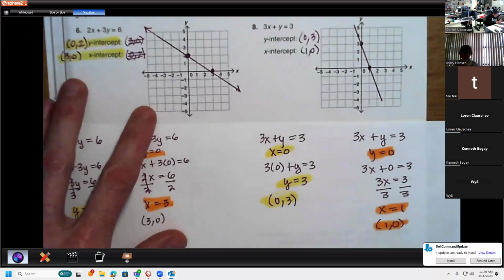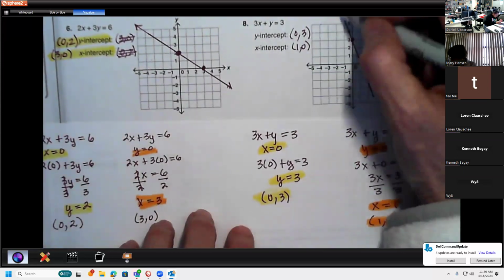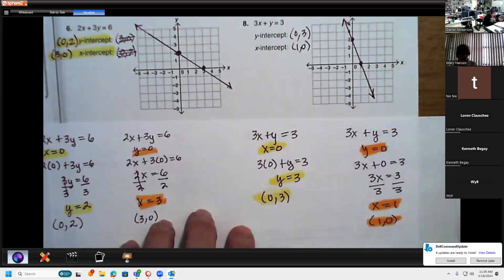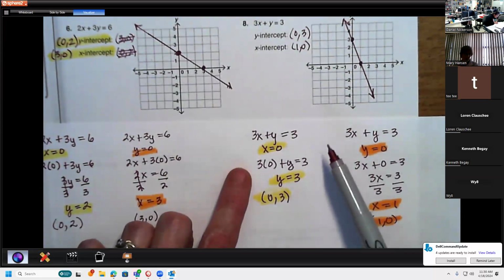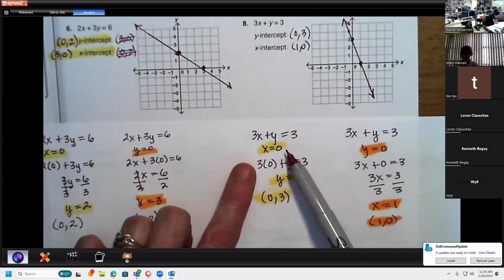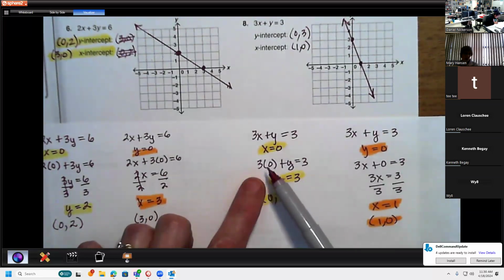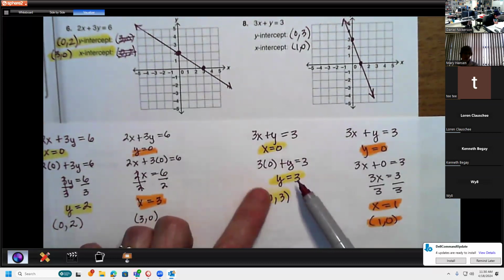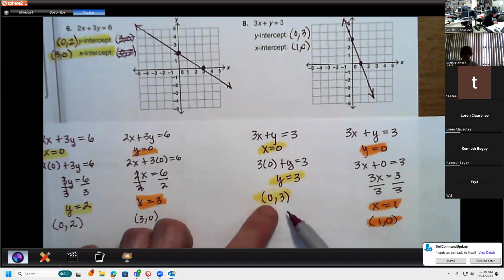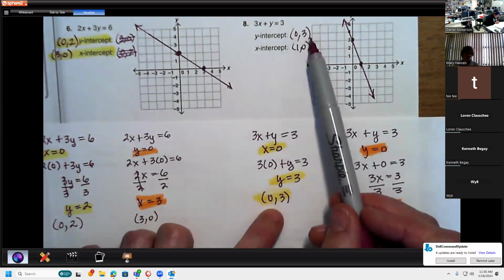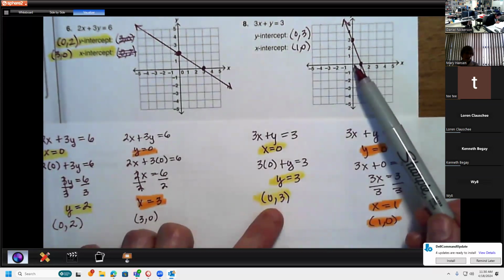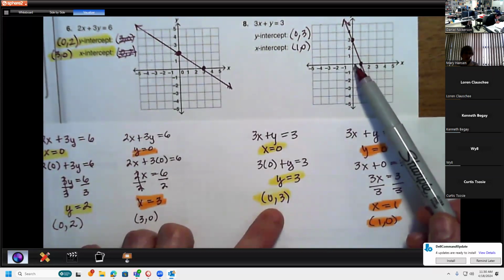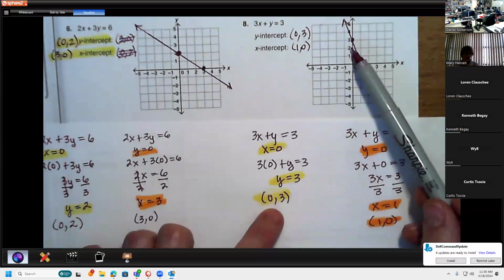Thank you, Daniel. And then for number 8, I showed my work here, so you can take a look. I substituted in X equals 0 first. And when I do 3 times 0, I get 0. So Y is 3, I'm done. 0, 3 is the Y intercept. And so it would go here if you want your answer to be in the right spot. And you would graph that by going over 0, up 3.